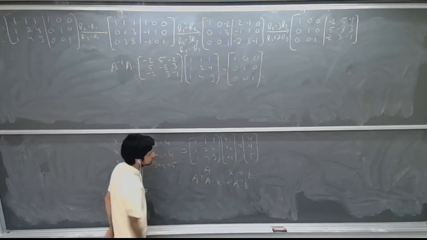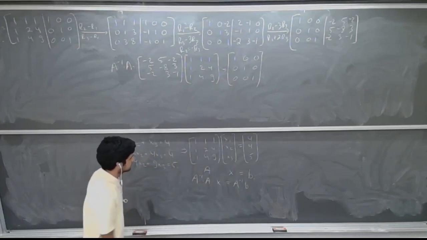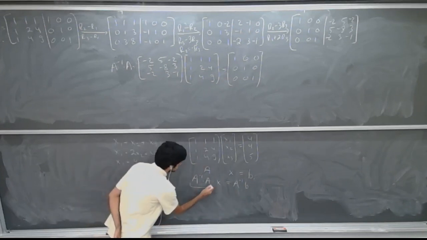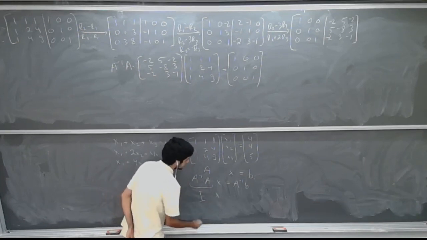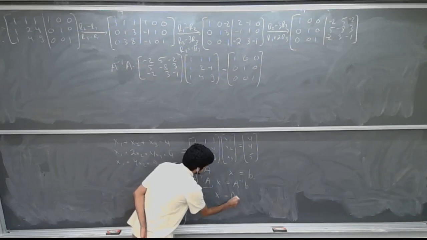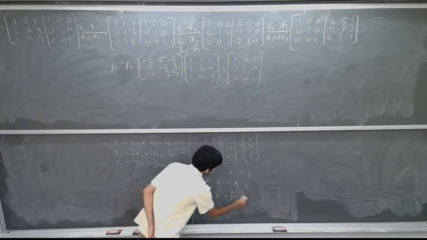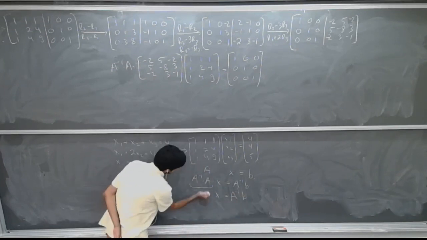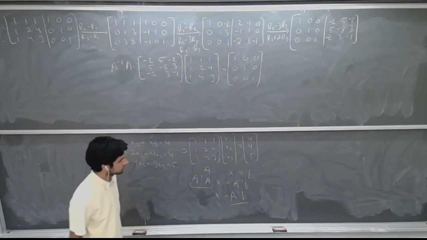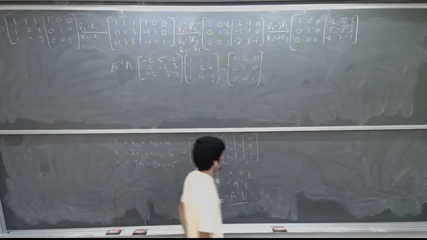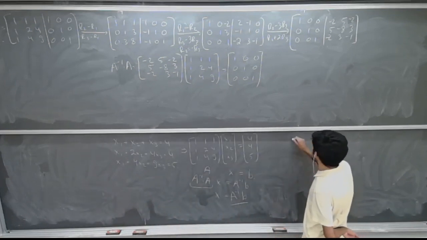And notice I'm multiplying on the left. Because what this does is makes these two the identity, multiplied with x, and we're saying that is equal to A inverse times B, and the identity times x will just be x. So we can obtain x just by multiplying A inverse with B. So that's exactly what we're going to do.